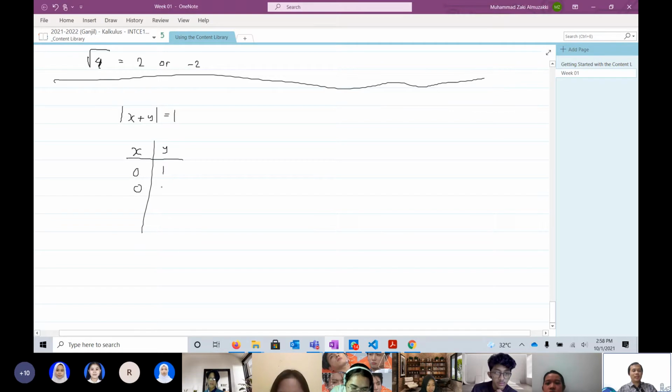But when we have x equal to 0, y can also be minus 1. Correct? Correct, sir. Yes. Now, if we have x equal to 1, then y equals to 0. If x equal to minus 1, y equals to 0.